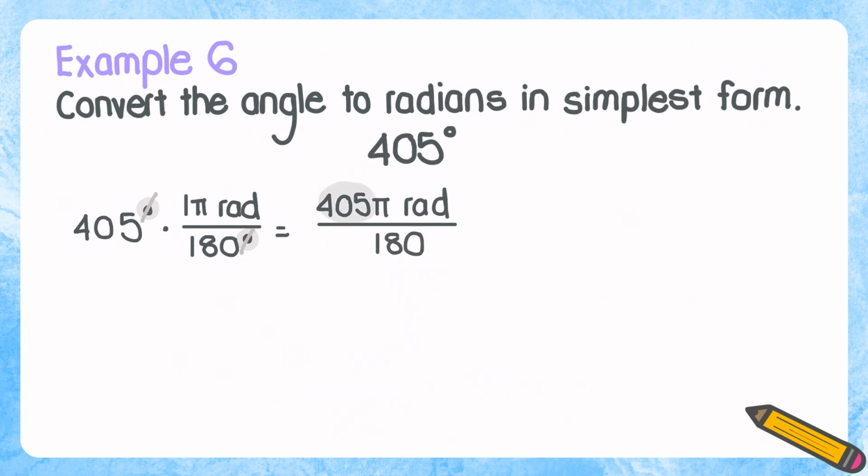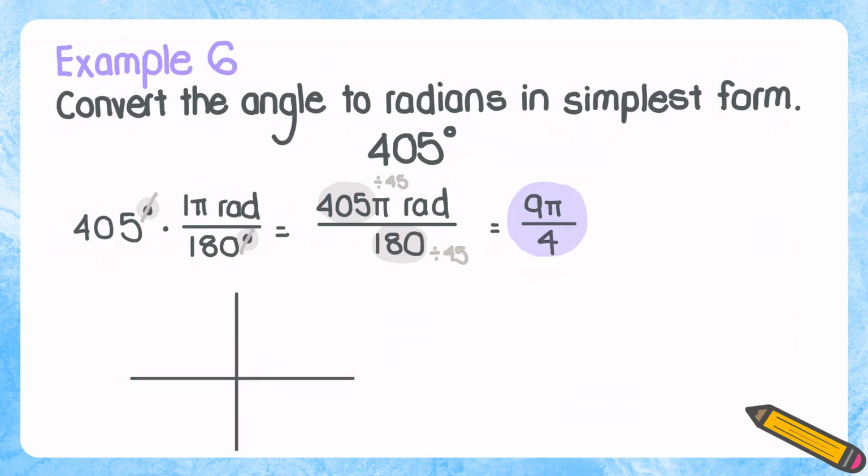And the greatest common factor here is a little hard to find, but it's actually 45. So we're going to divide both the numerator and denominator by the GCF. So this will reduce to 9 pi over 4. So we go from 405 degrees to 9 pi over 4.